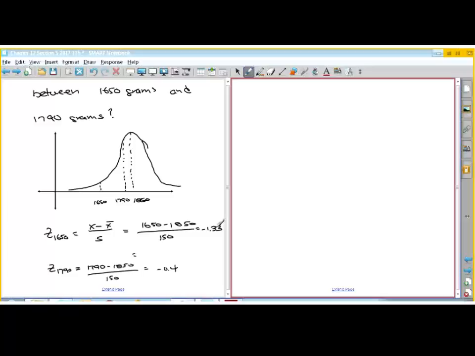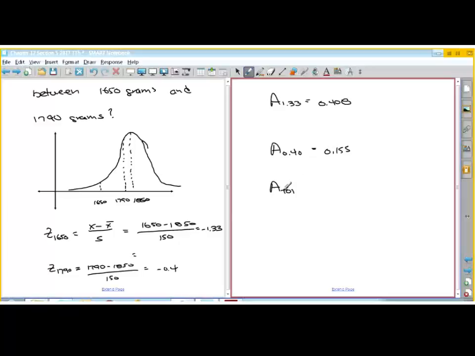Okay, so what we get is z-score of 1650 is negative 1.33, and the z-score associated with 1790 is negative 0.4. So now we look at the corresponding areas, but using the positive values. So 1.33, and the area associated with 0.40. So we look down our column for z of 1.33, we get 0.408, and for 0.4 we get 0.155.